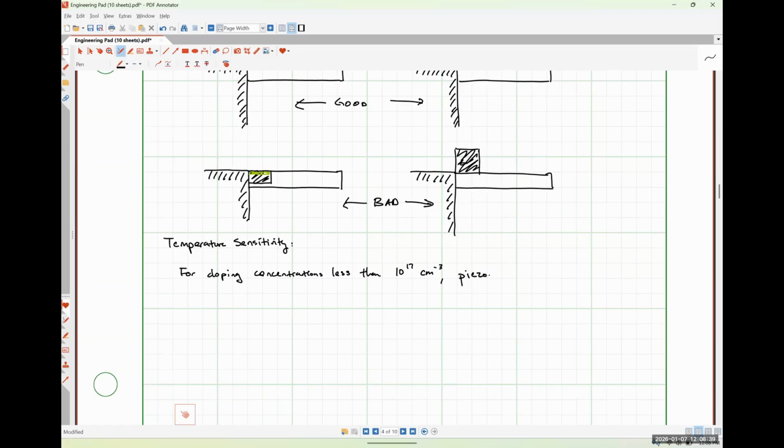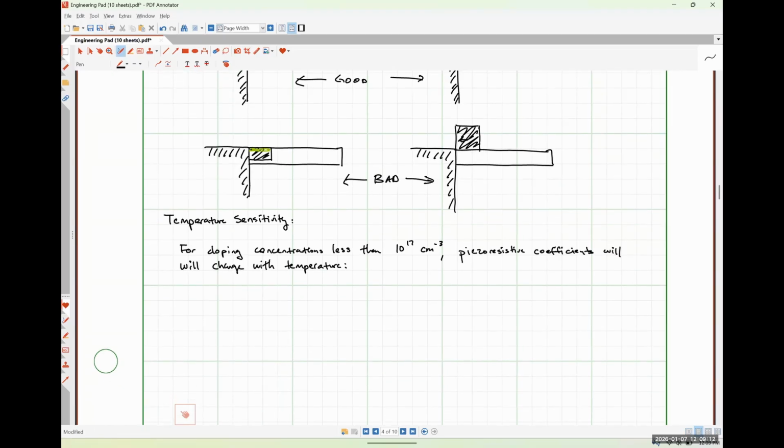Piezo-resistive coefficients will change with temperature using the following simple relationship.